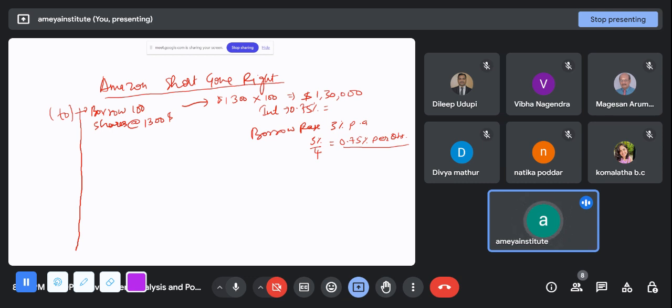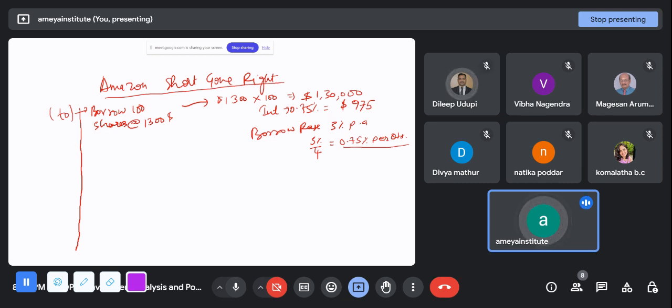On 1,30,000, if I calculate 0.75 percent, what will be the amount of interest? 1,30,000 into 0.75 percent is 975, not 97.5. Is it correct? Yeah, 975.